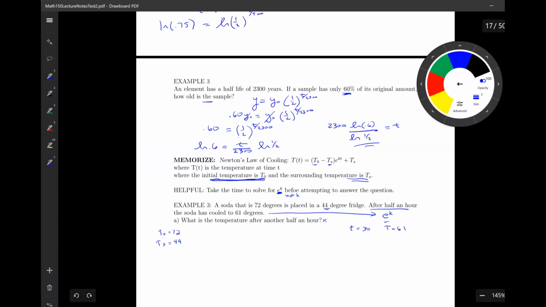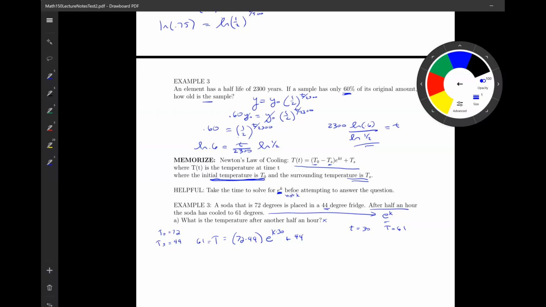Let's put everything into the formula I've got memorized here. T is 72 minus 44, e to the k times 30, putting in the 30 minutes, plus my surrounding temperature, which is 44, and I'm setting this equal to 61.